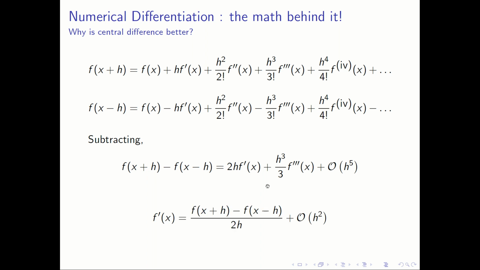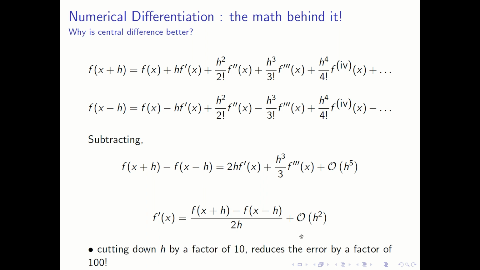And so if we rearrange this, of course we have to divide by this 2h, so this order h cube term becomes order h square. So this is why the error in the central difference formula is of the order h square, so it's a lot smaller for the same small value of h than the error for the forward or the backward difference approximations. And more importantly, if I reduce h by a factor of 10, the error will reduce by a factor of 100. So central difference is bound to be better.